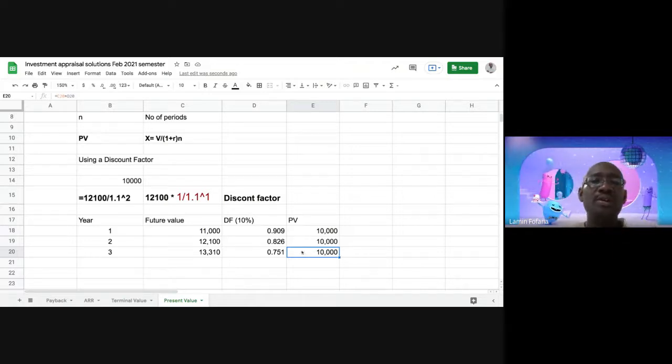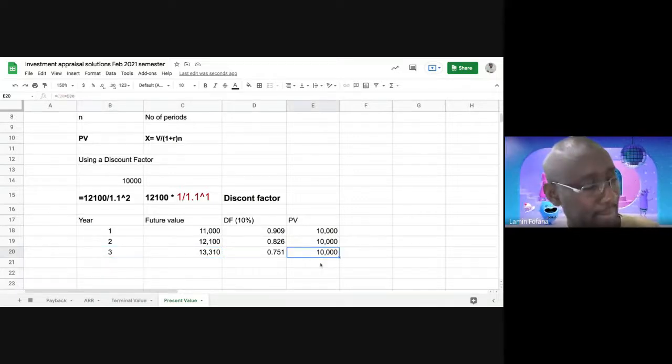In other words, if you have money in the future, it's worth less now. This is in 1 year, but at the moment it's only 10,000. If you have 12,100 in 2 years, it's only 10,000 now. 13,310 in 3 years, at the moment is only 10,000. Time value of money.